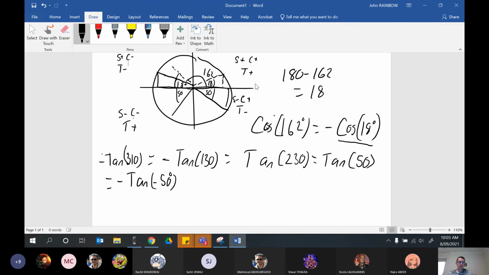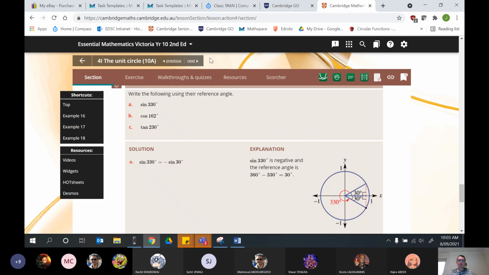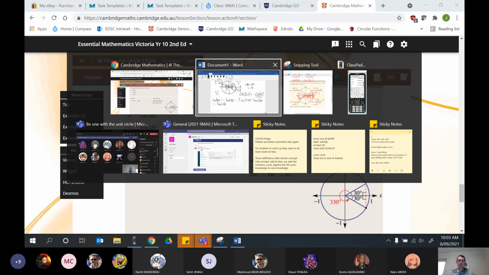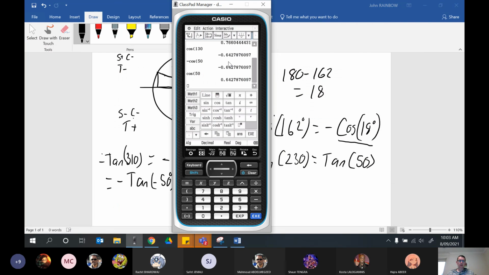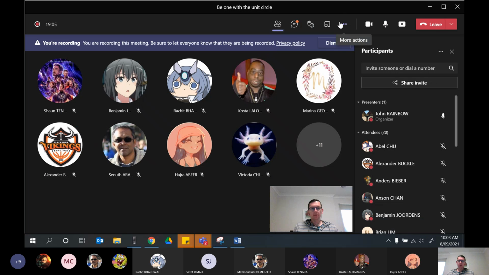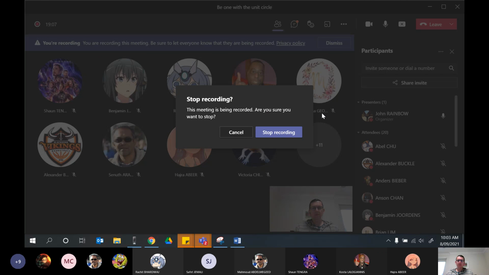Because if you come negative 50 degrees when we start there, that's equal to the positive tan 50. So you can actually have a heap of these. You can keep them going right around, right around, right around. And that's sort of what we're trying to do with reference angles. So where to from here, guys?